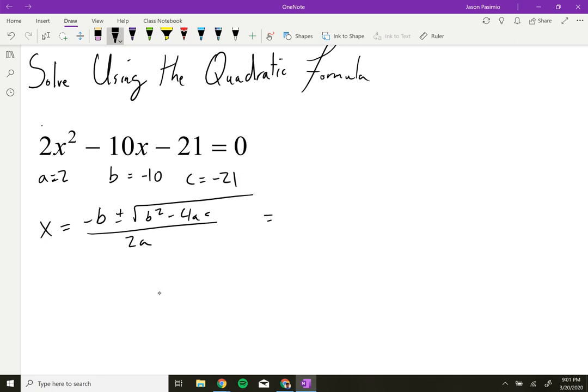So x is equal to negative b, which would be positive 10, plus or minus the square root of negative 10 squared. By the way, the biggest mistake that happens here is people forget to put the b in parentheses. That will ruin the problem very quickly.